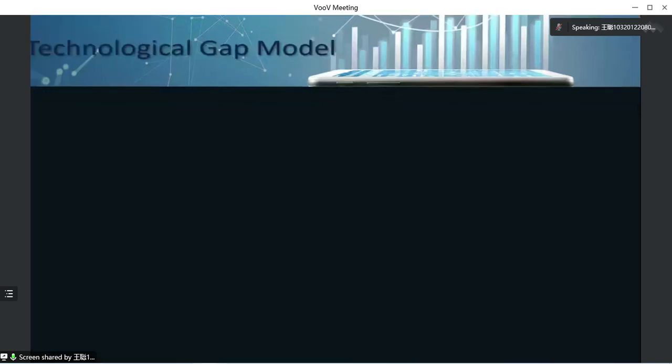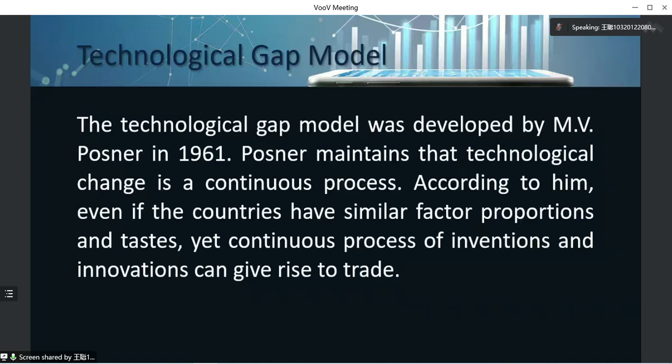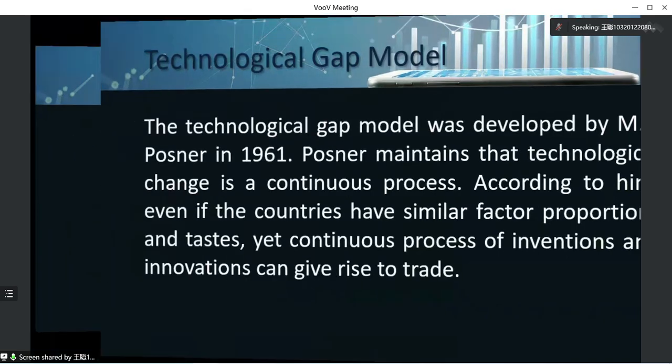Firstly, the technological gap model was developed by Michael Vivian Posner in 1961. Posner maintained that technological change is a continuous process. According to him, even if countries have similar factor proportions and tastes, the continuous process of innovation can give rise to trade.